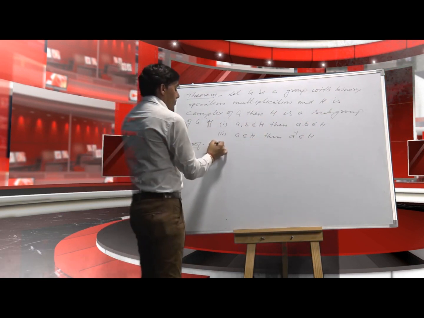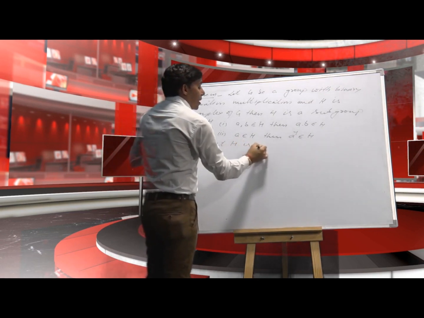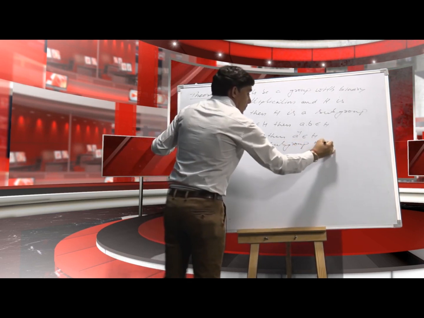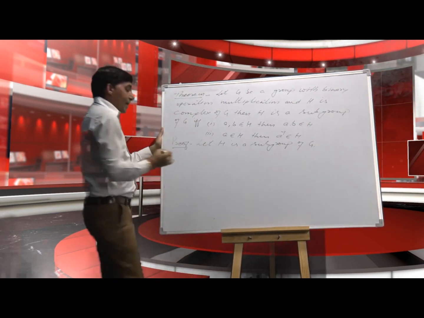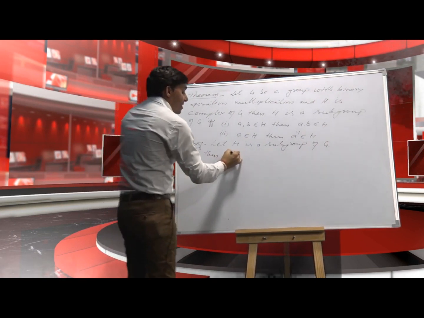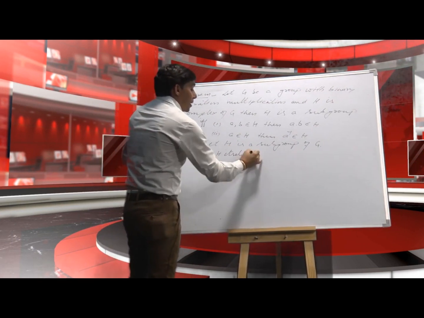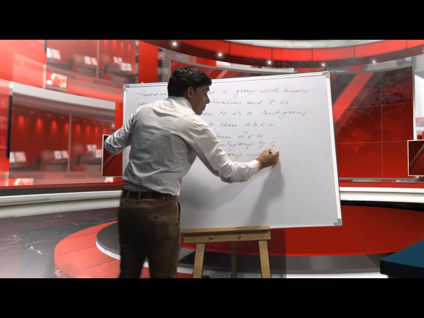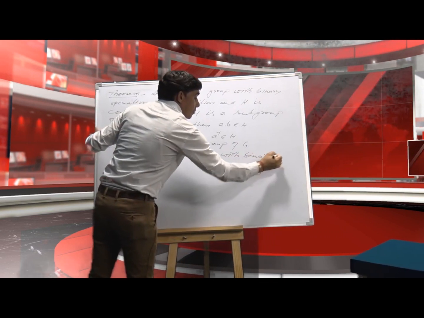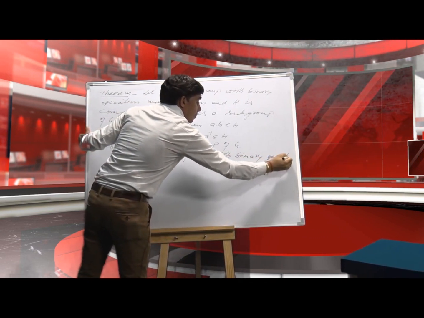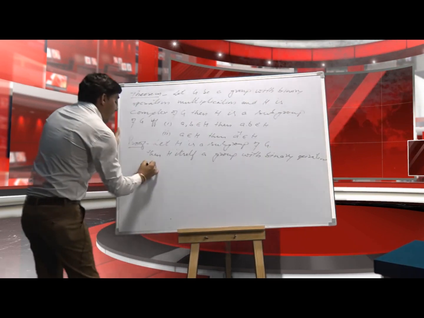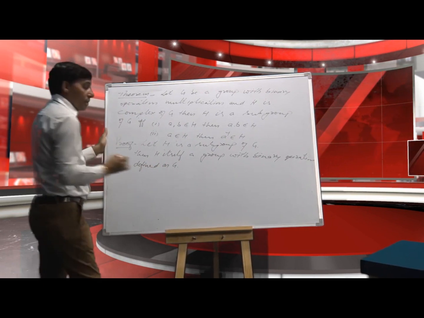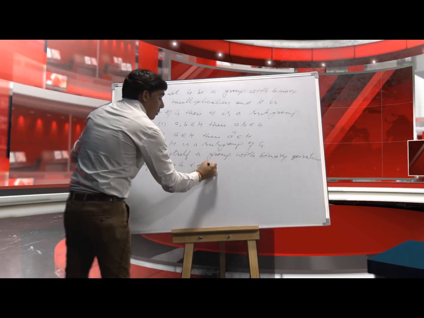So let H be a subgroup of G. Then H itself is a group with the binary operation defined on G, that is multiplication.